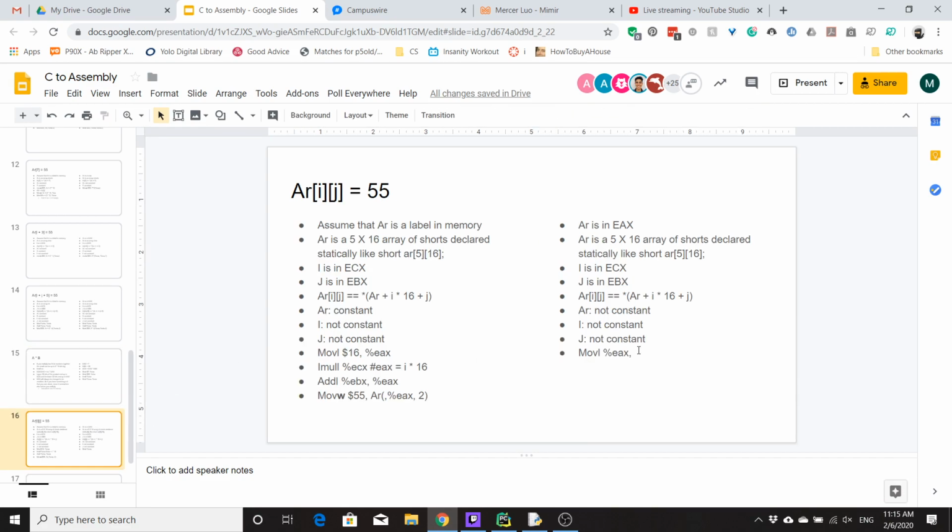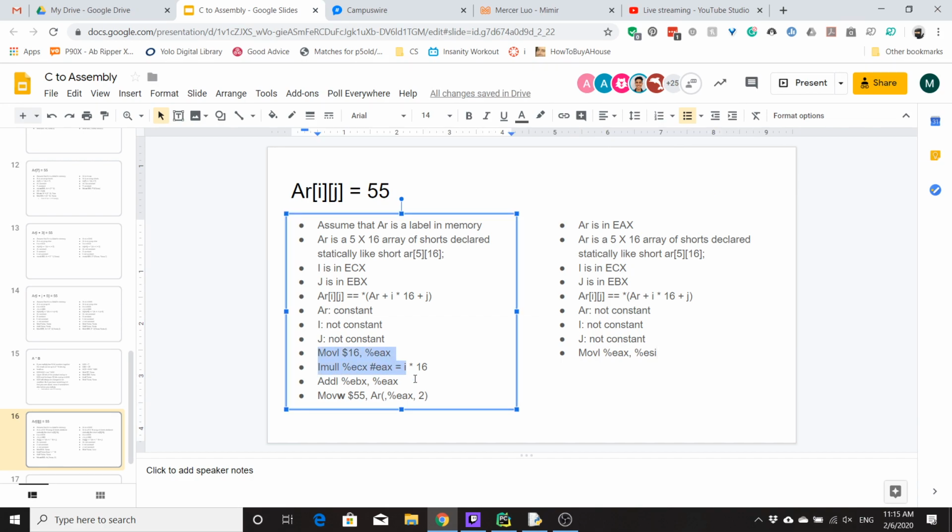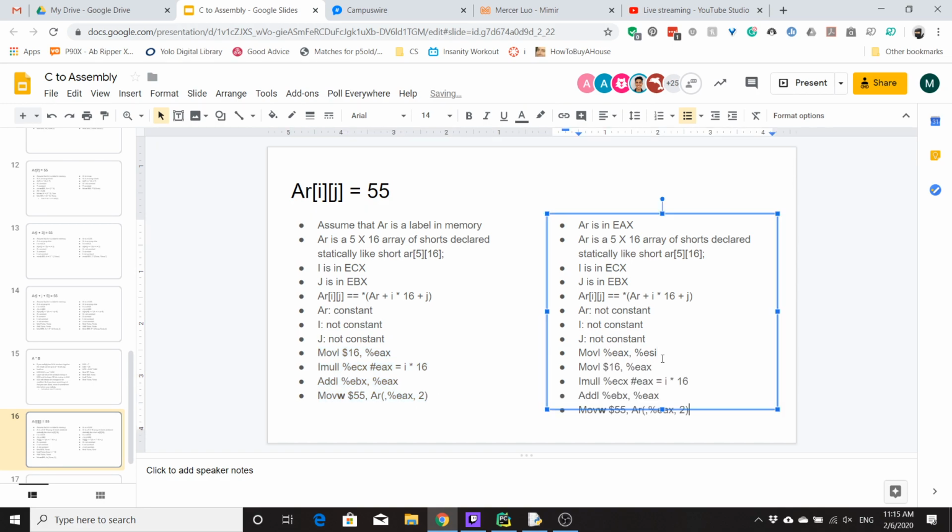So I'll just move it over into, say, ESI. And then pretty much everything else is going to be the same down here after that one additional line of code, except that this now needs to be movl instead of AR on the outside. What are we going to put here? ESI, right? And we're done.